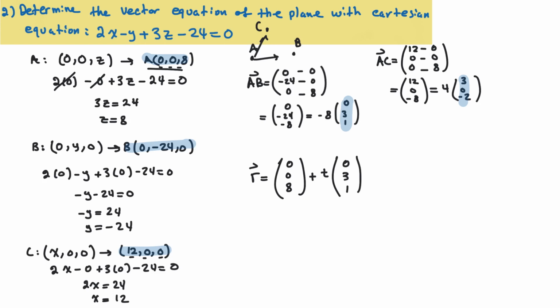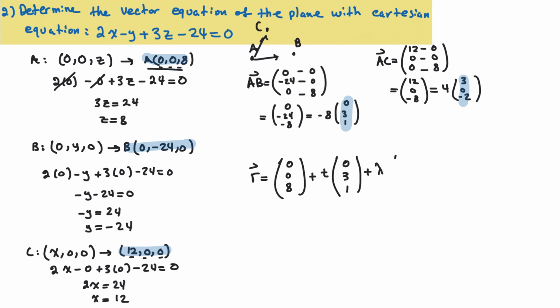And notice that if we were to use a t value of negative 8, we would get negative 8 times 0 is 0, negative 8 times 3 is negative 24, and negative 8 times 1 is negative 8. That's why it doesn't really matter for direction vectors whether we're using the simplified or the non-simplified form, because the parameter can change this to either a simplified or a regular form.